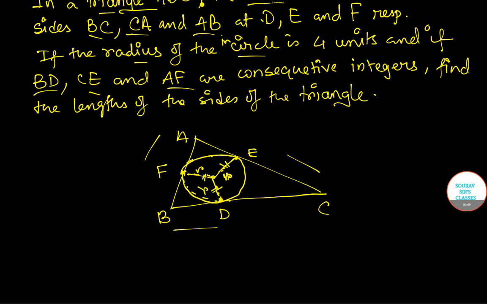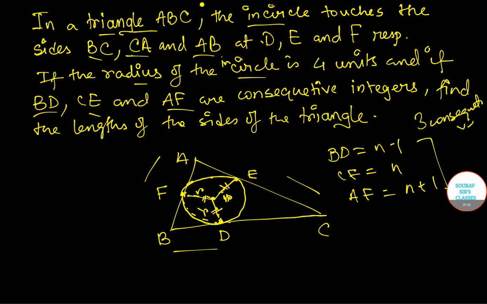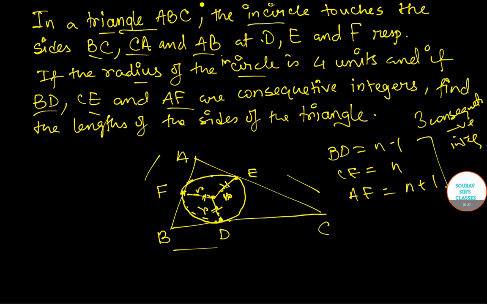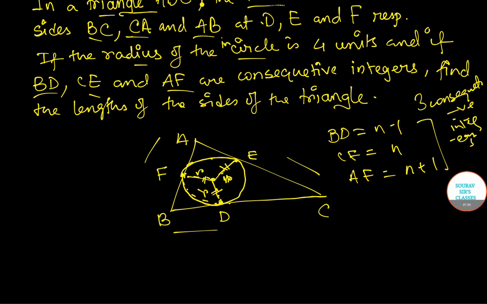So starting with the question, we will take BD, CE and AF as n-1, n and n+1, because this is the easiest way we can represent 3 consecutive integers.